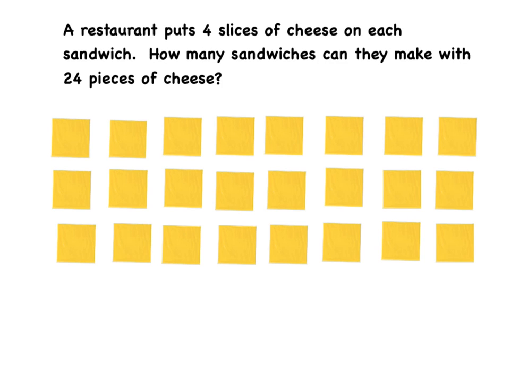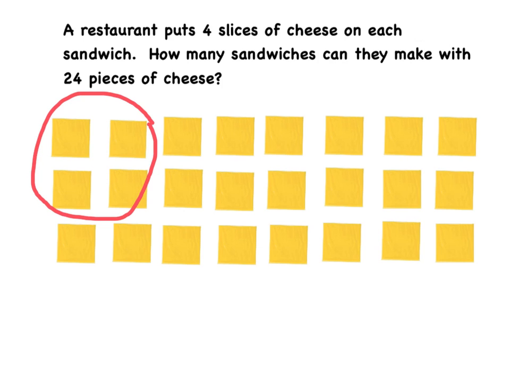So hopefully you've had a chance to think about this. As I look at the problem, I notice that I already know how many slices of cheese are going on each sandwich. So I'm really thinking about my sandwich as my groups. So to me, this means this is a problem that's asking how many groups. And so to help me solve that, I'm going to see how many groups of 4 slices of cheese will fit in these 24 pieces.